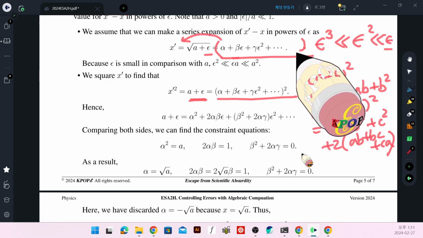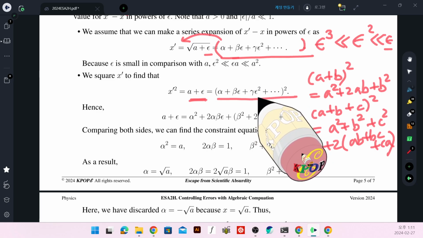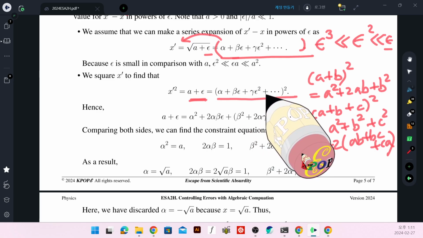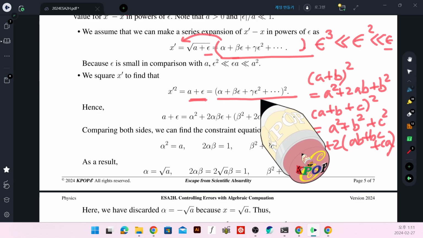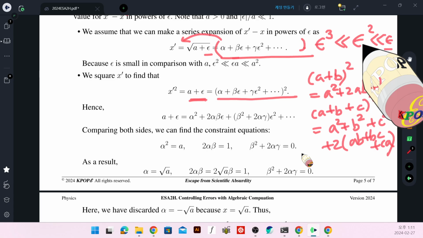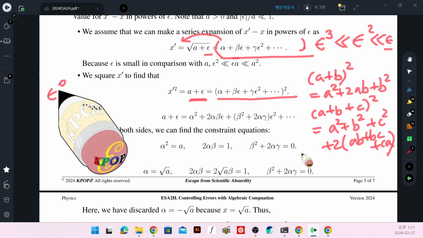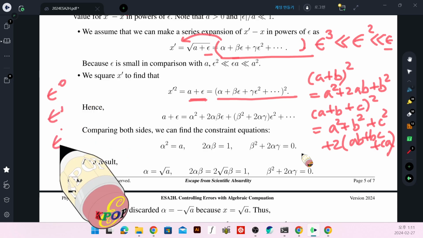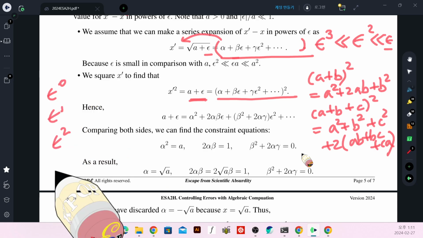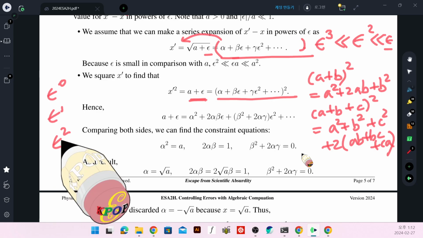So for example, if I square this, I have gamma squared epsilon to the 4th power. But for simplicity, we just keep the leading contribution of epsilon to the 0th power and first order and second order. We are satisfied with the leading 3 terms.